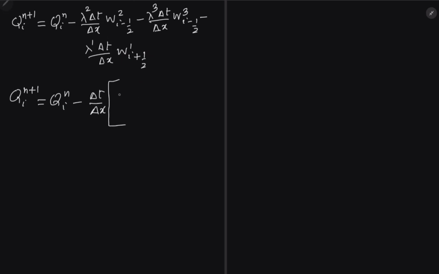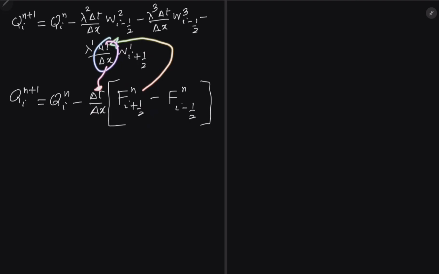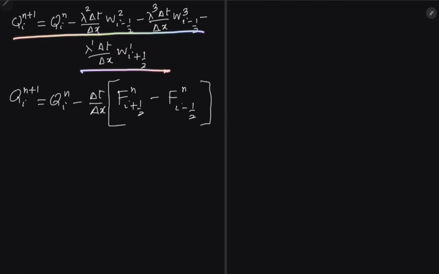Here we have fluxes, i plus 1/2 and i minus 1/2. What flux is entering from i plus 1/2? That will be lambda 1, with delta t by delta x outside. For i minus 1/2, we have 2 values, so we add these values. This was the reason that in one formula we have three waves. This is the general formula.